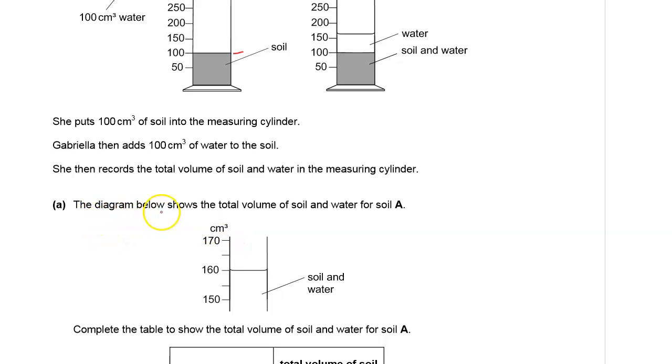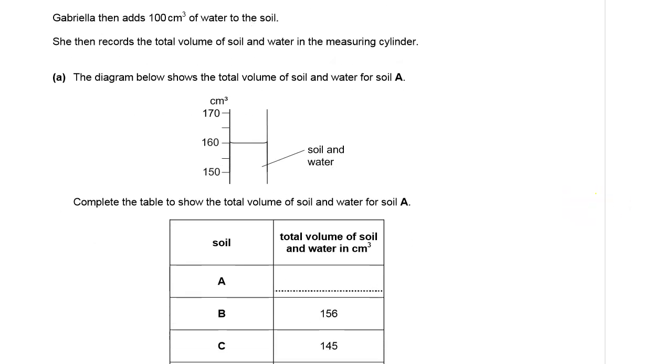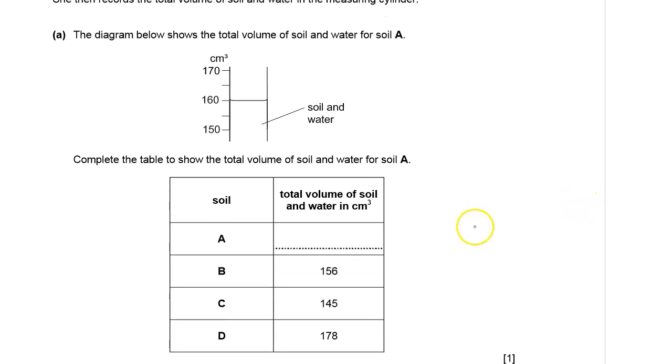Part A, the diagram below shows the total volume of soil and water for soil A. Complete the table to show the total volume of soil A and water.